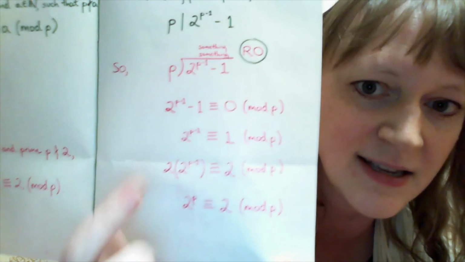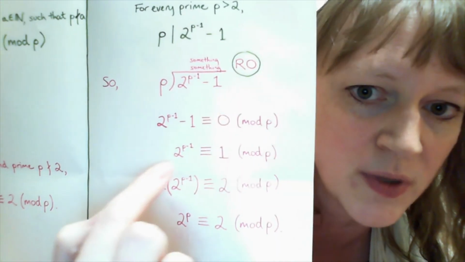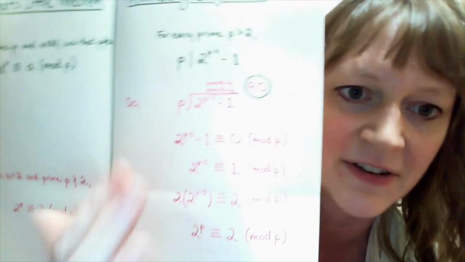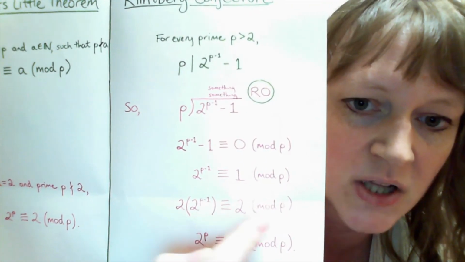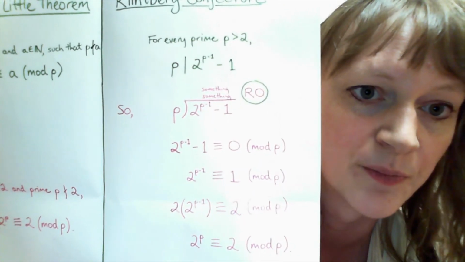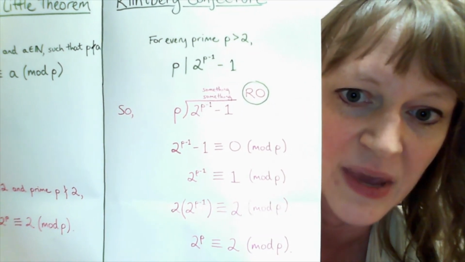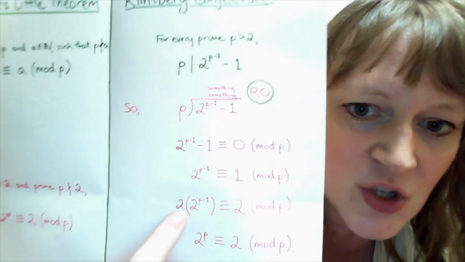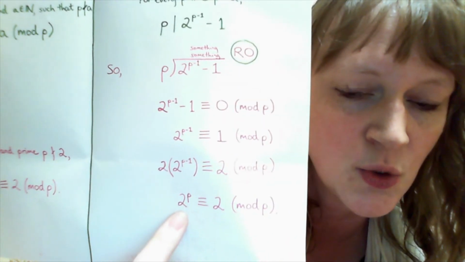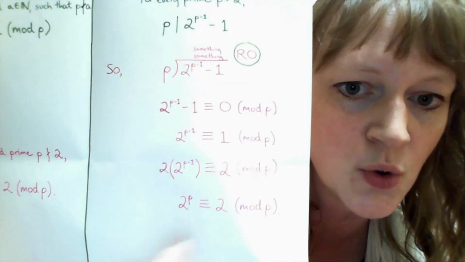In this case, we can add 1 to both sides because 1 is definitely less than p. And we can multiply both sides by 2, because 2 is less than p, and p does not divide 2. So we end up with 2 to the power of p is congruent to 2 in mod p.